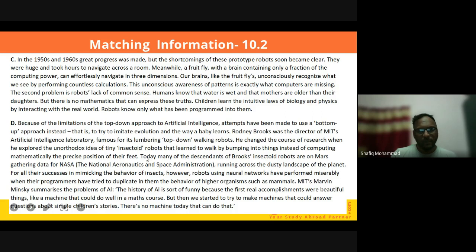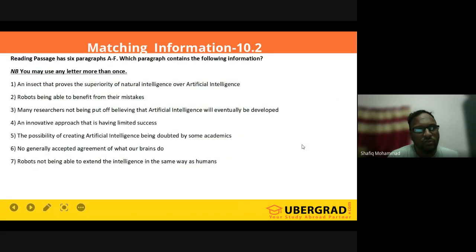So here I think we have something related to he changed the course. He changed the course because he was doing the top-down approach, but then he changed its course. An insect is already done.